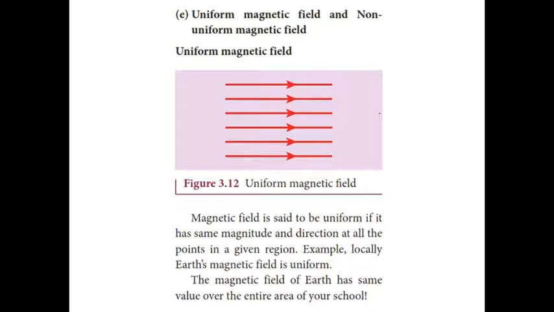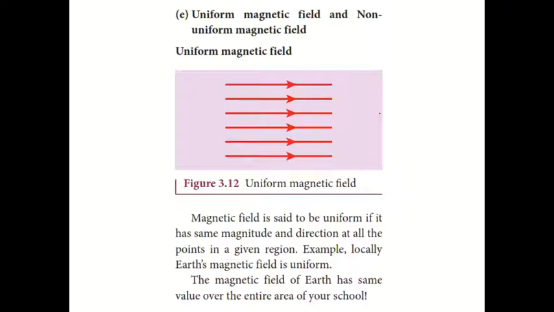Uniform magnetic field and non-uniform magnetic field. On Earth's surface, we are facing a uniform magnetic field. Wherever we move, the magnetic field of the Earth is the same for us because we are on the Earth. But if you go away from Earth, the field lines will vary.